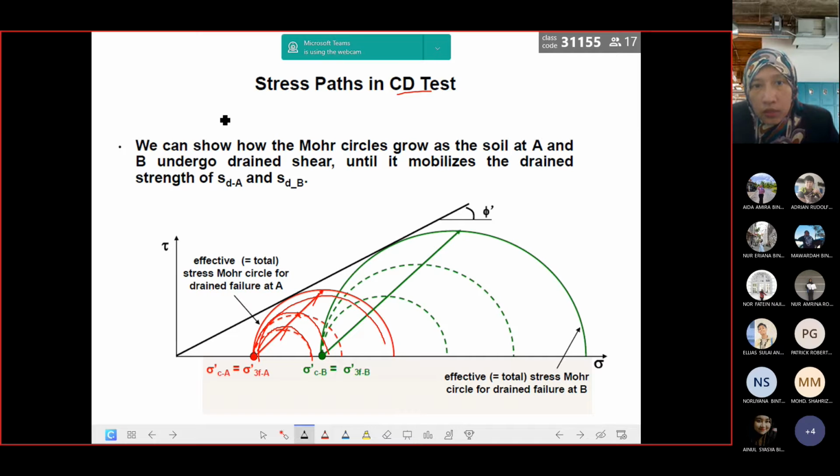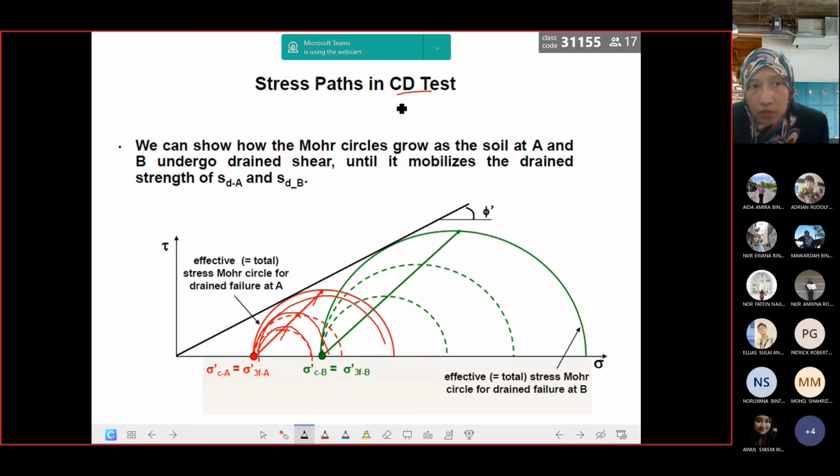Just now what we learned about stress paths in the CU. How about if you have a sample CD? In the previous slide, I'll show you the differences between CD for different variables sigma 1, sigma 3 dan juga pore water pressure.